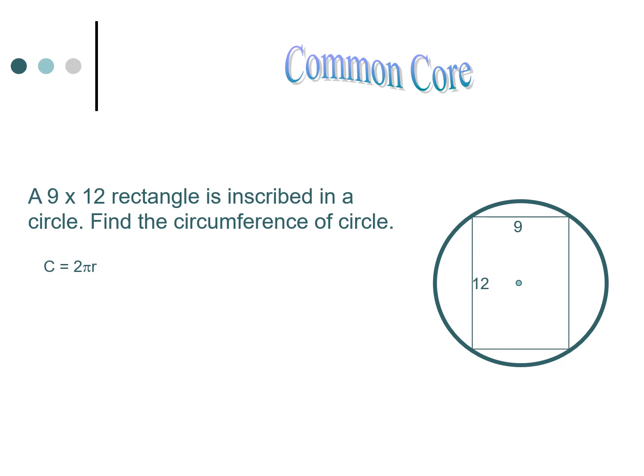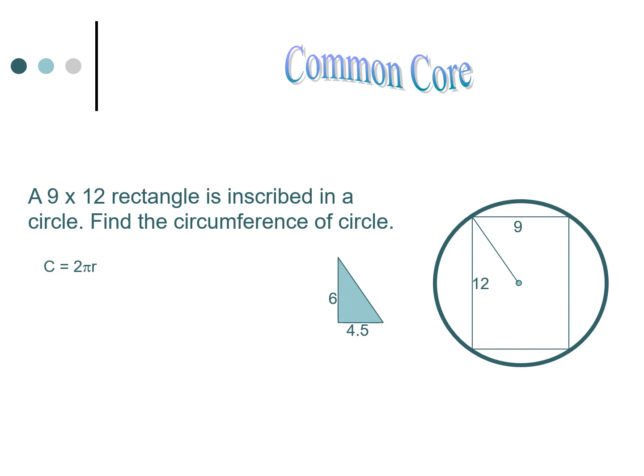To find the circumference, you need to find the radius of the circle. There is a radius. Notice it goes to the corner. I drew it conveniently so that it makes a right triangle. The height is 6 and the base is 4.5.